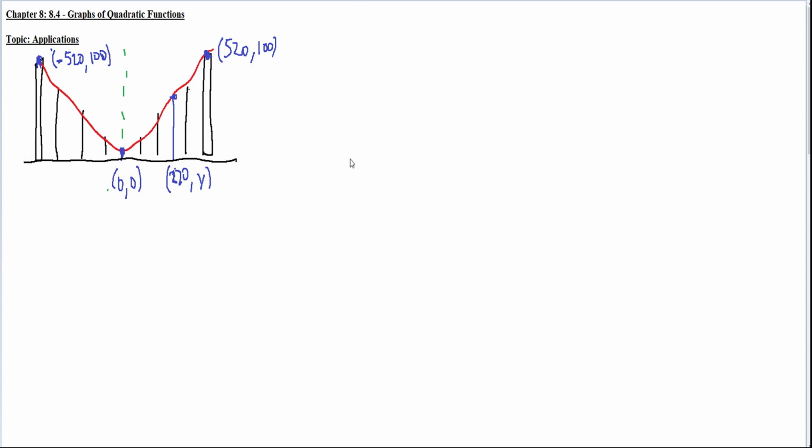And so to do that, we have to write the general form of a parabola, which is y is equal to a times x minus h squared plus k. And from here, we want to get rid of the h and k. And so to do that, we have to plug in our vertex, because if we remember, the definition for the vertex is h comma k.